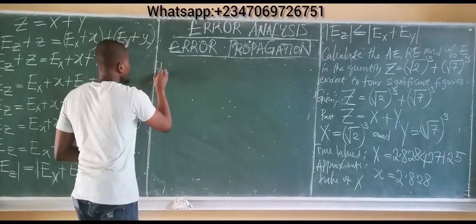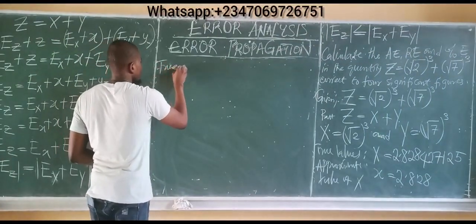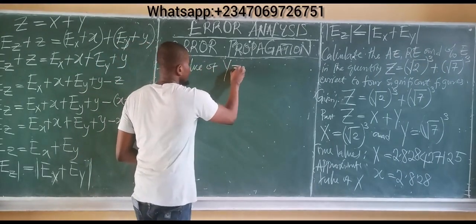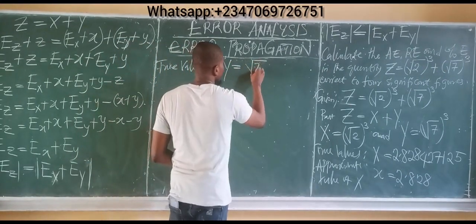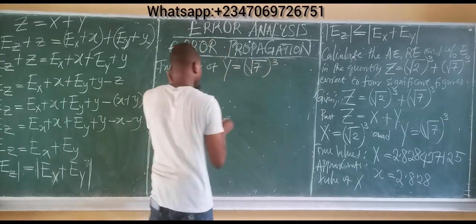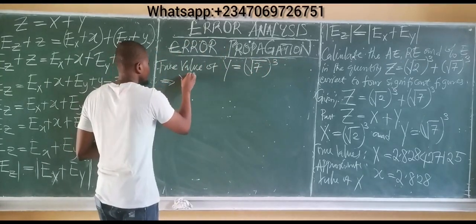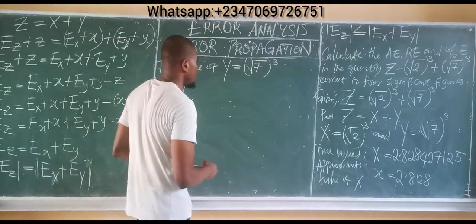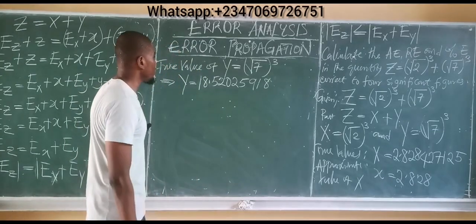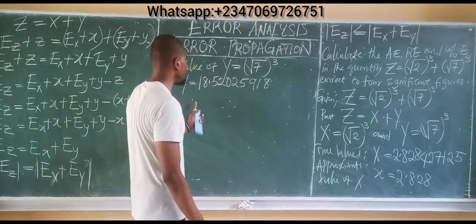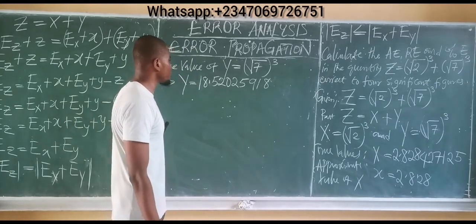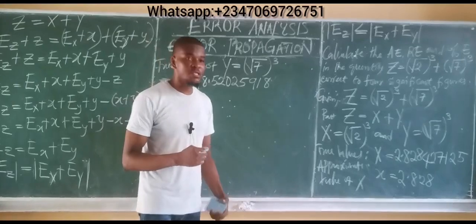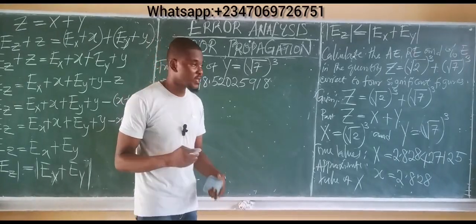All right, so the true value of y is equal to the square root of 7 to the power of 3. So let's obtain the square root of 7 to the power of 3. The true value of y, which is root 7 to the power of 3, simply gives us 18.52025918, and we are asked to correct this to 4 significant figures.